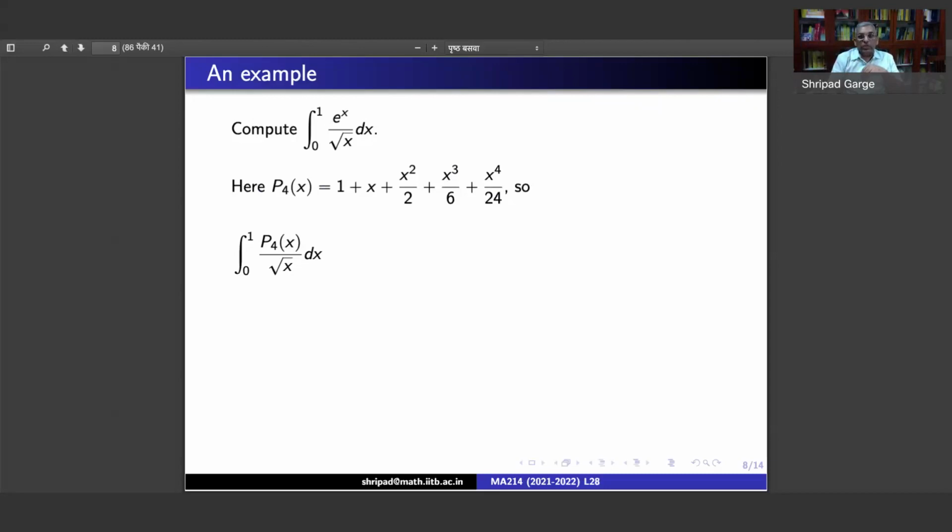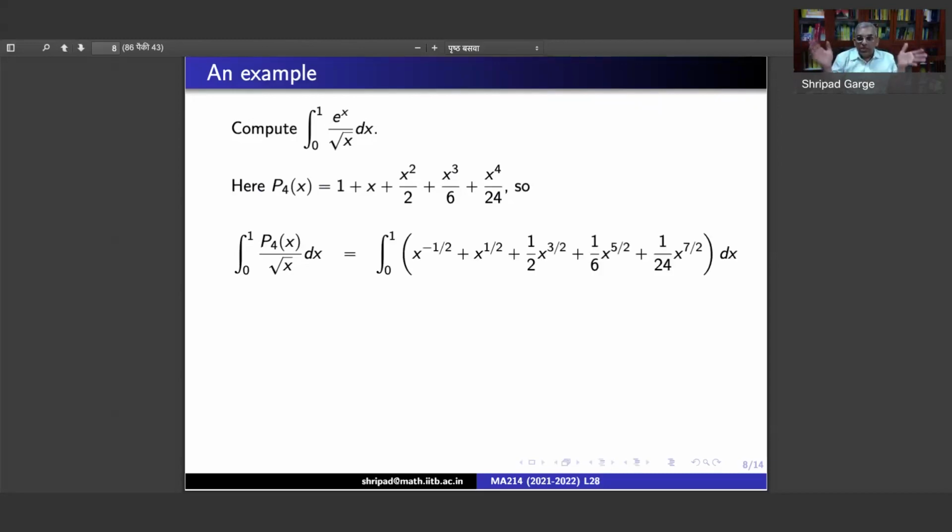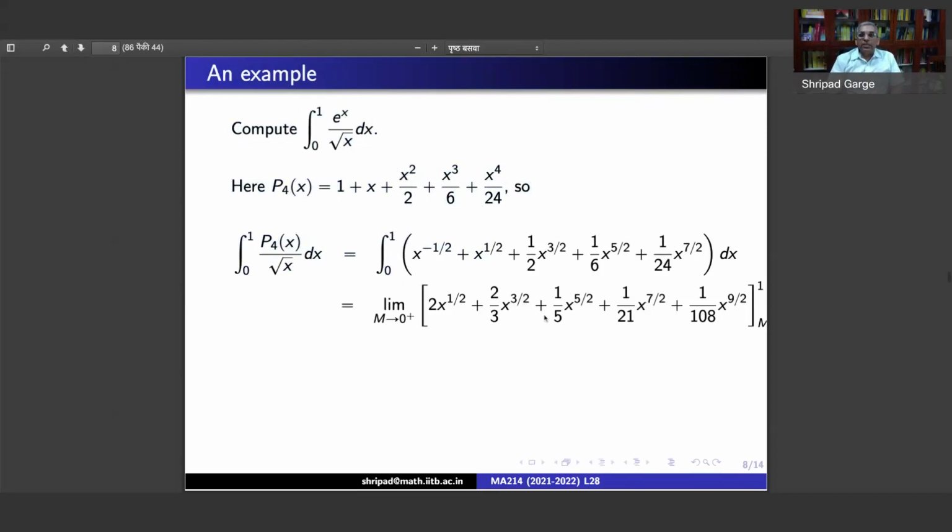So this integral actually is very easily obtainable because you have 1 divided by root x, so that gives you x power minus 1 by 2. Then you have x upon root x, which gives you x to the power 1 by 2, and so on. So you get all these very well behaved functions, not really polynomials, rational functions, and the integral can be obtained quite easily.